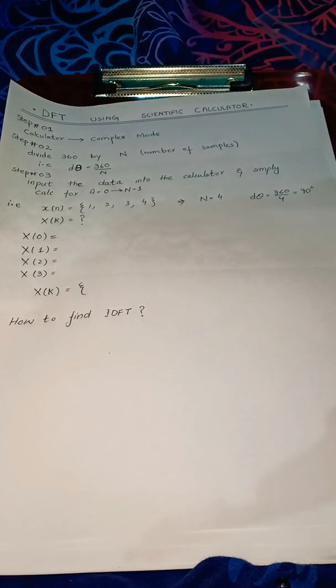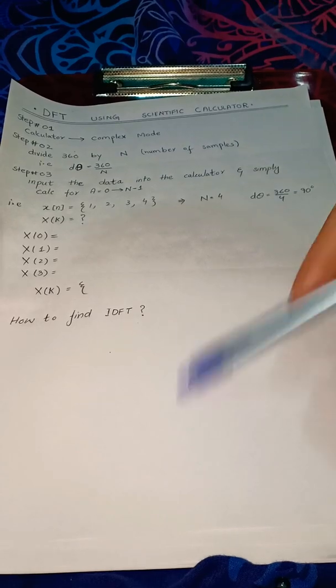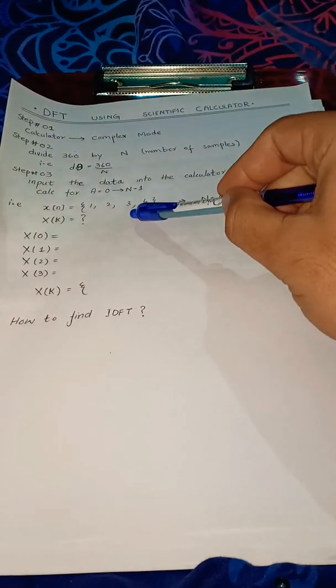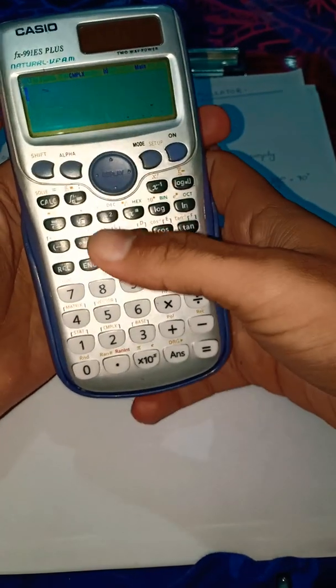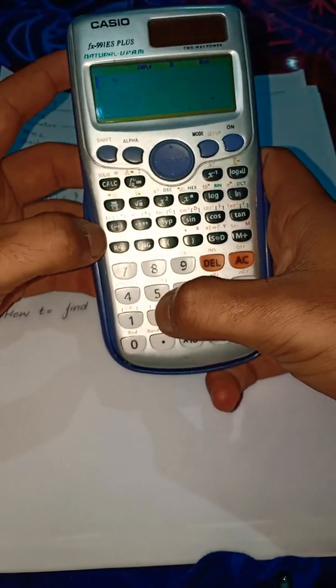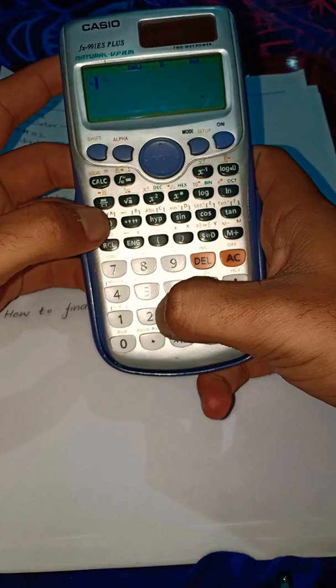Now the third step is to input the data into the calculator and simply calculate. So how to input that data in the calculator? It's very simple.